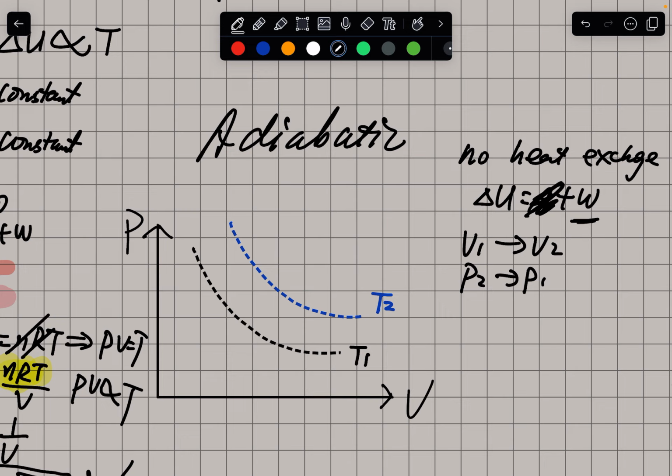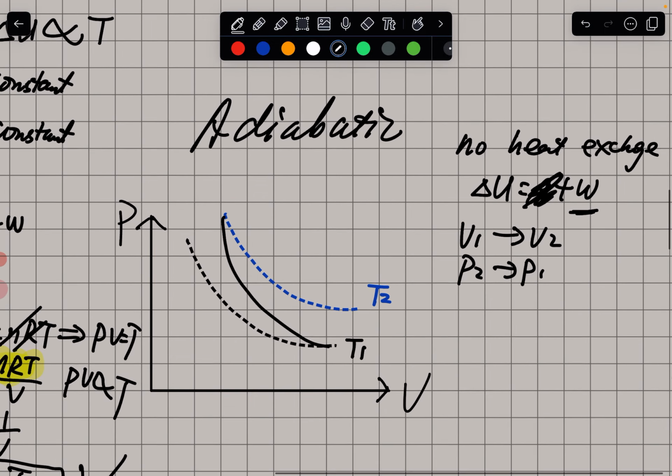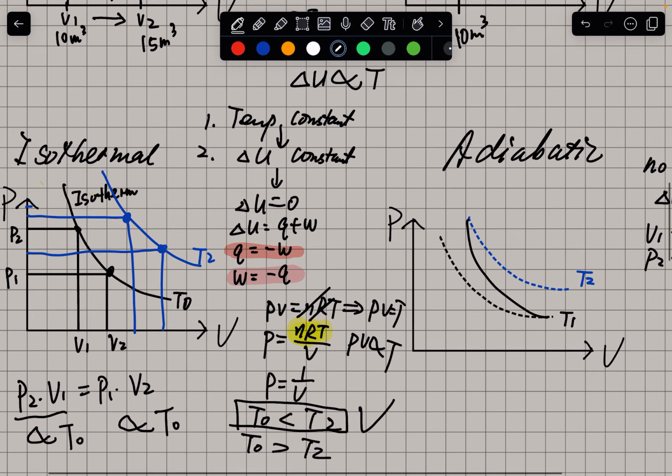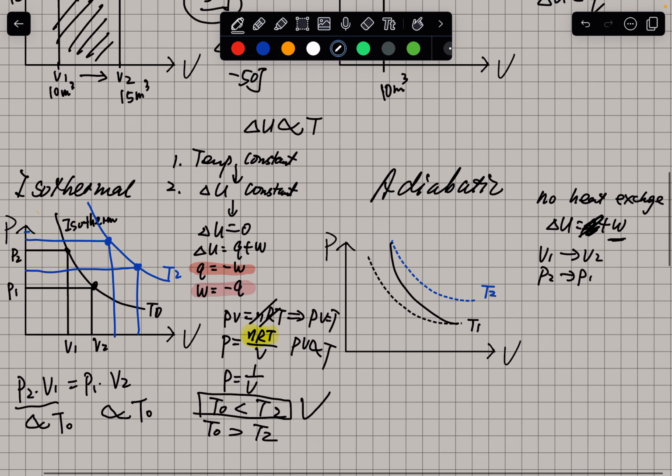But the thing is, it decreases in a more dramatic way. So this hyperbola is really deeper than the isothermal one. And why is that? Because we said the isothermal scenario is when the temperature is constant, but here the temperature is not constant.